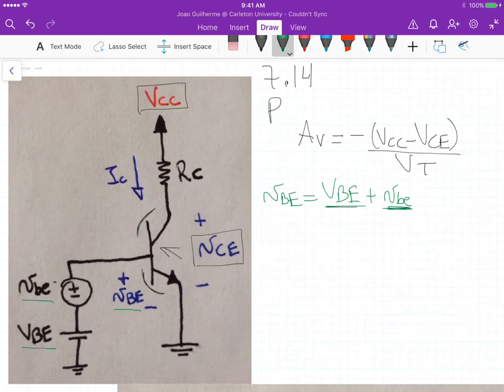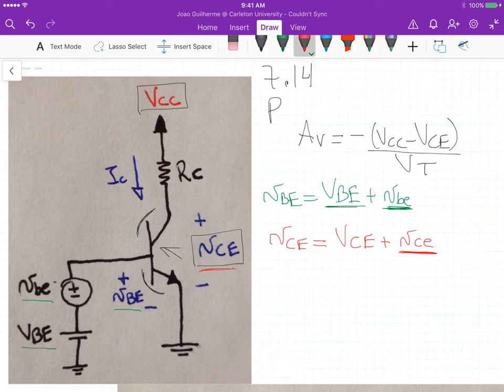It could be a signal that's coming from a sensor or another measuring system. And small v, capital CE here is the sum of capital VCE plus this small v, small ce here. And this is actually the output that we want.